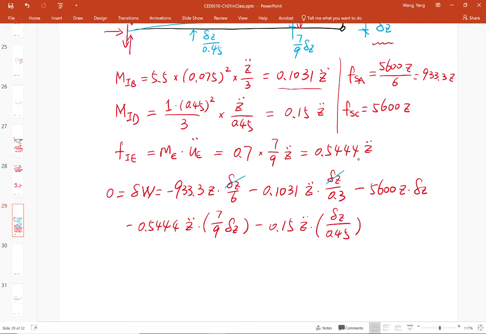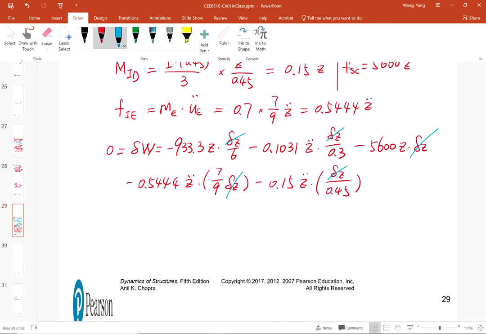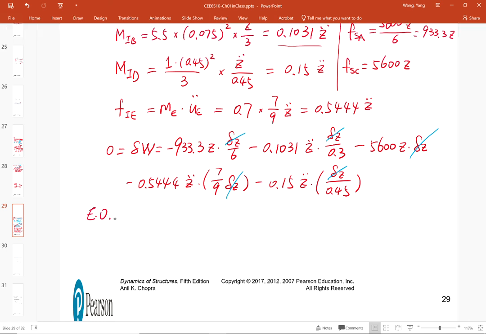Realize that all the delta Z's drop out from the equation, and our final equation of motion for free vibrations is 1.1004 Z double dot of t plus 5.6 Z of t is equal to 0.